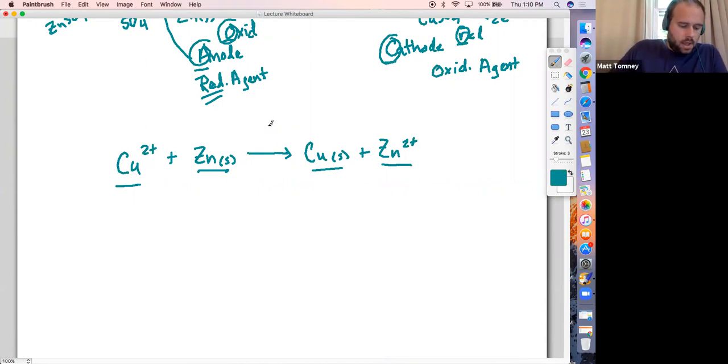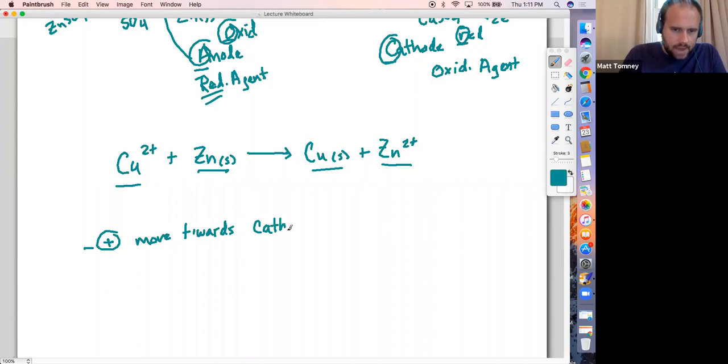All right. So when we have this type of setup, I think I mentioned this a minute ago, but I'm going to reiterate this here because this is very important. Your cations, so anything with a positive charge, is going to move towards the cathode. Okay.